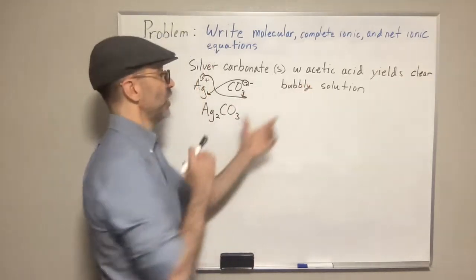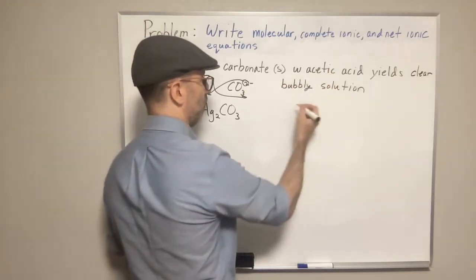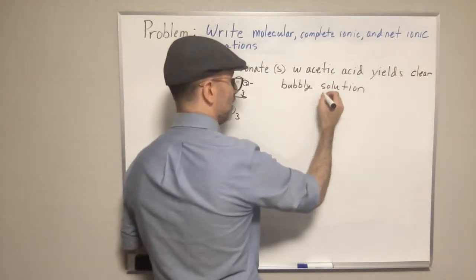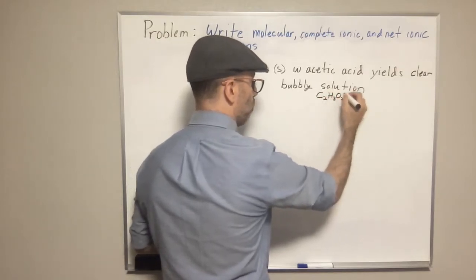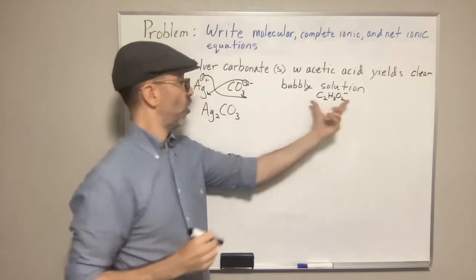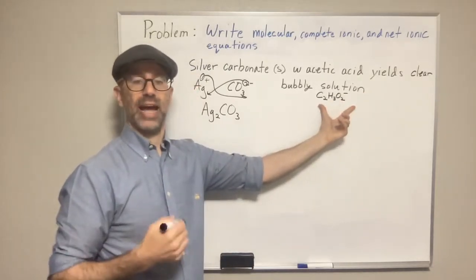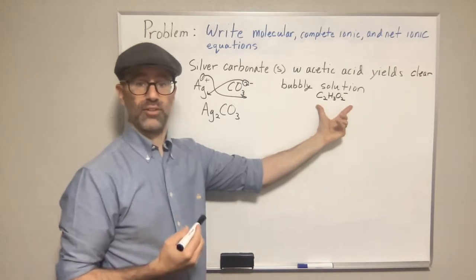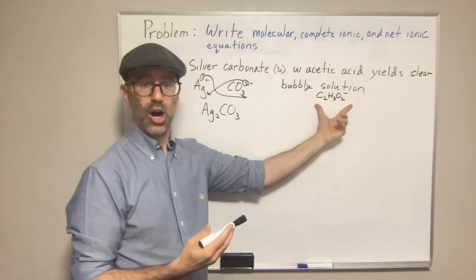So you need to know what the acetate ion is. So the acetate ion is C2H3O2 minus. And so to get acetic acid from that, you're going to add H plus to this. You're going to add hydrogen to it until the negative charge is balanced.